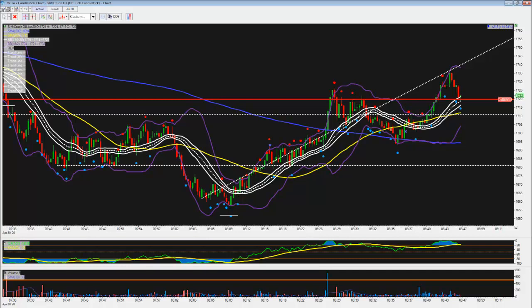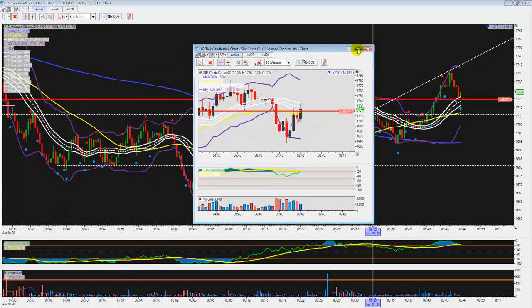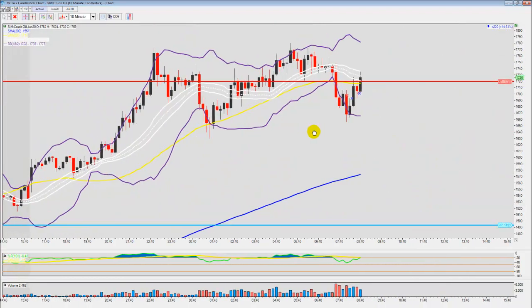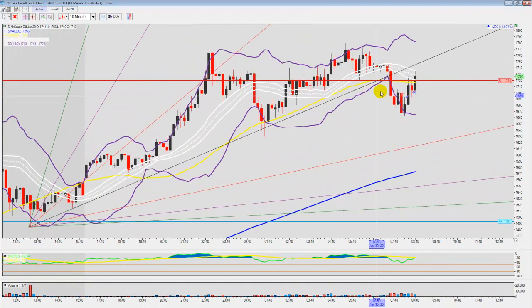Too much indecision right here. Took our shot at it. Easily could get back up here into that 45-degree angle, which put it back. What is that? Around 1760 right now. About 1746, 1745.